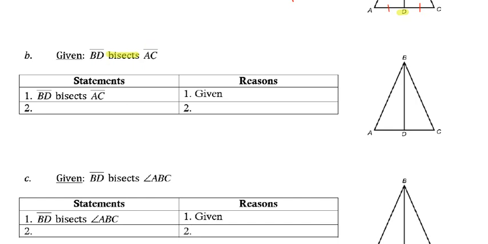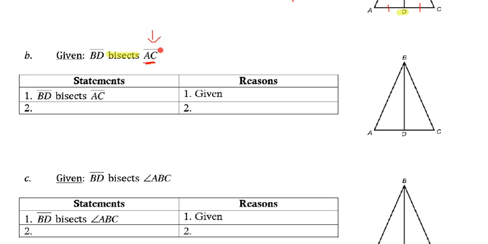And if you read carefully, it says BD bisects AC. So this AC, this is the thing that is being bisected. This is the thing that is being cut into two equal parts, because remember that that is the definition of a bisector.